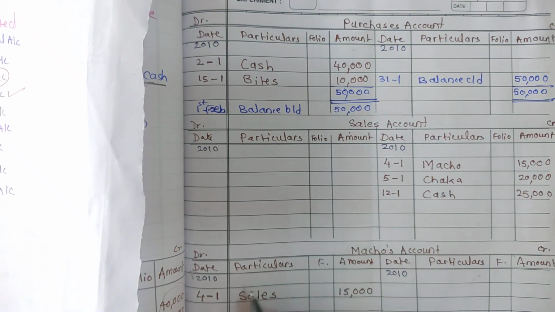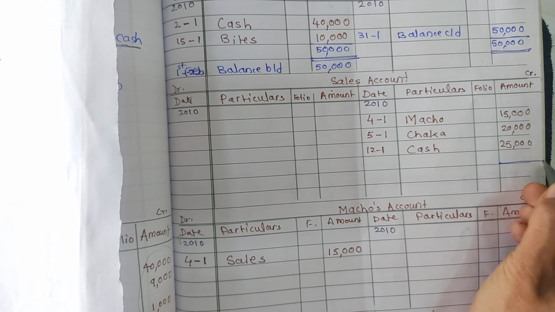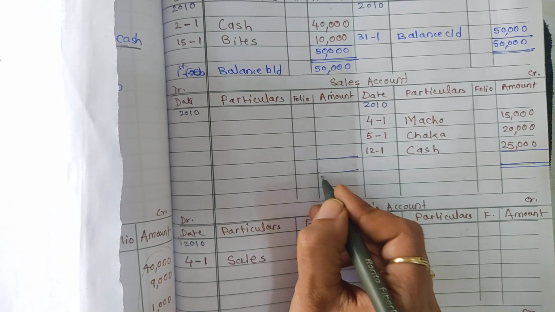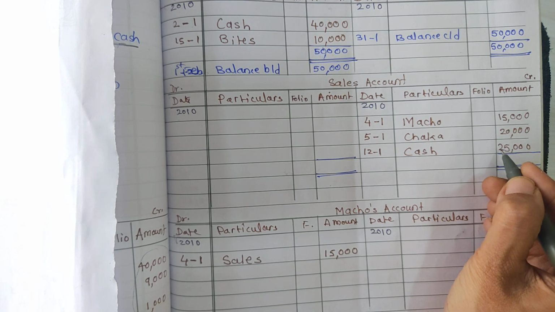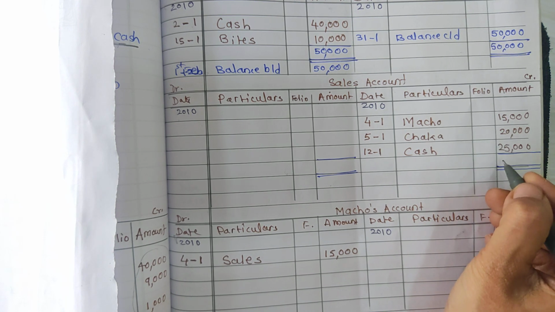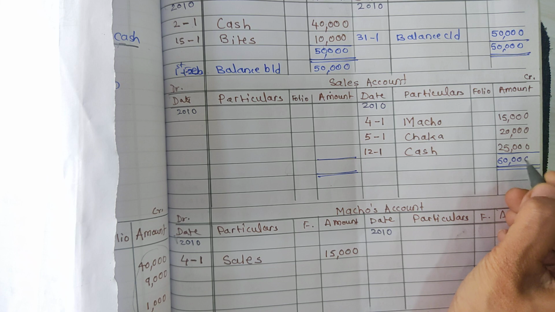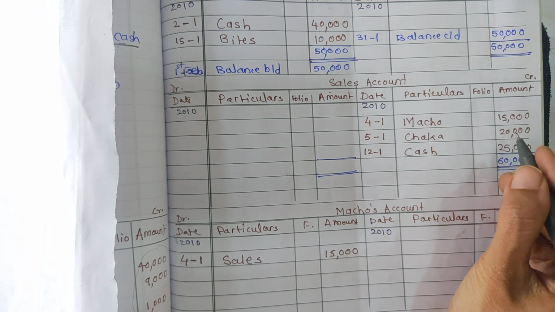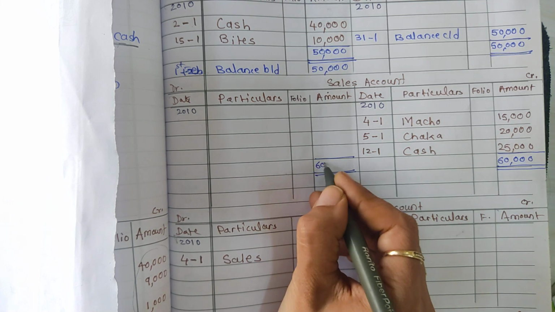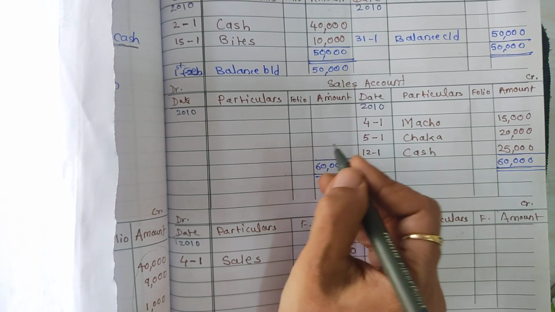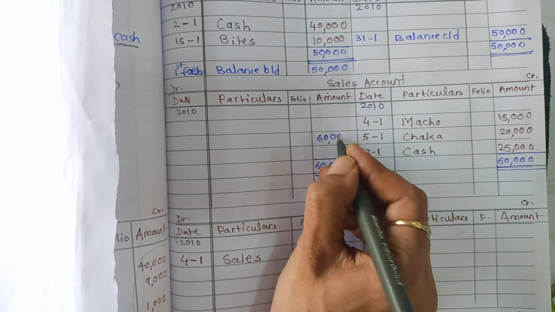Now the next one. Here also there is no amount given on the debit side. So 20, 40, 50, 60. 60,000 is the total. That total you have to write down on the lower side above the total.